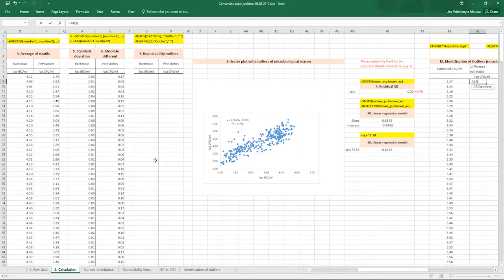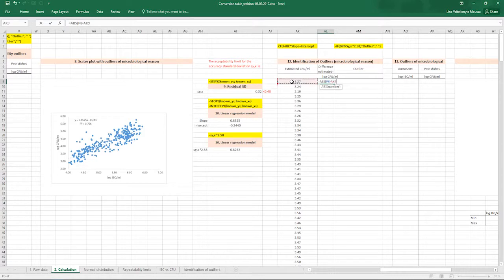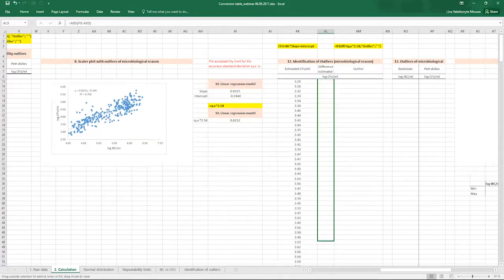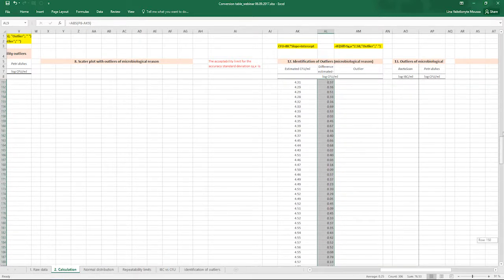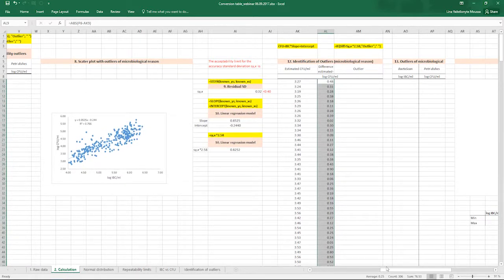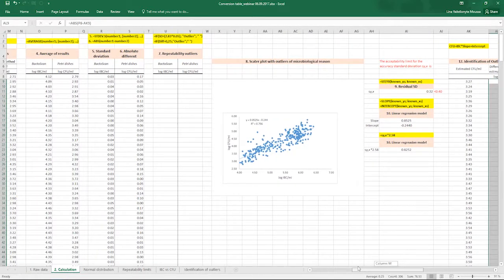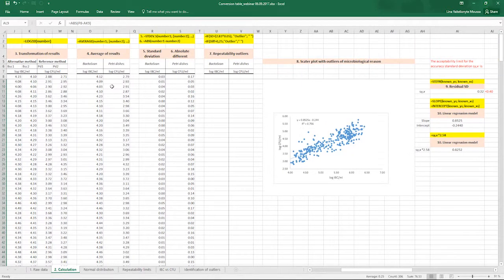So we are selecting the average result from Petri dishes minus estimated CFU. Marking that cell and dragging it down. Now we calculated the difference between estimated and calculated CFU. Calculated CFU is the average results from Petri dishes.